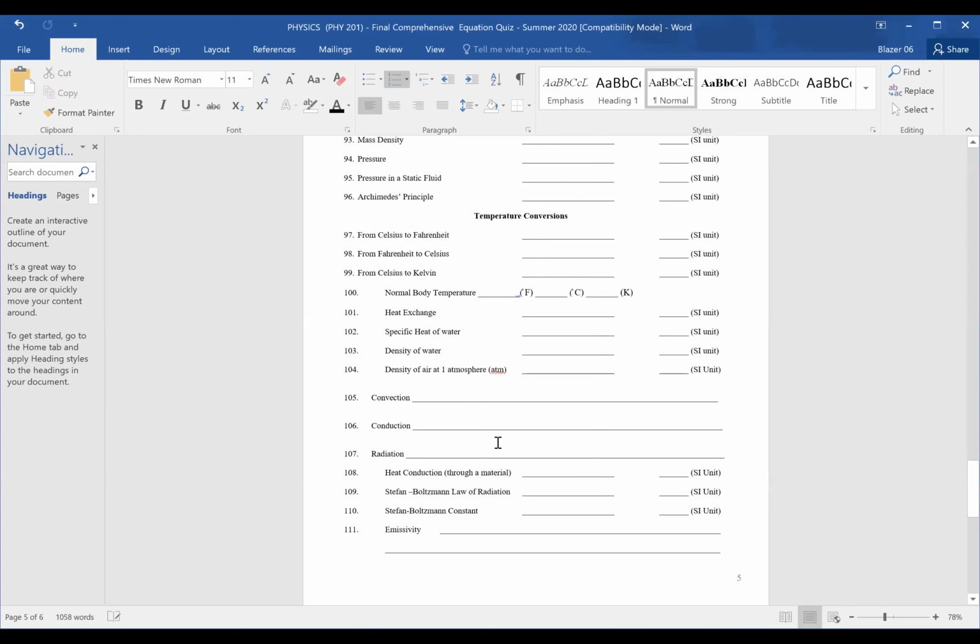Okay, so our next term is radiation. In the textbook, the definition for radiation says, radiation is the process in which energy is transferred by means of electromagnetic waves. Now, when we speak of electromagnetic waves, actually the chapter after the next chapter we're going to cover is wave motion.